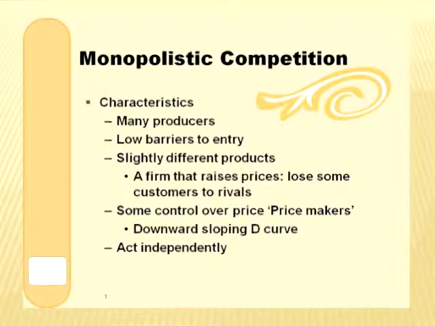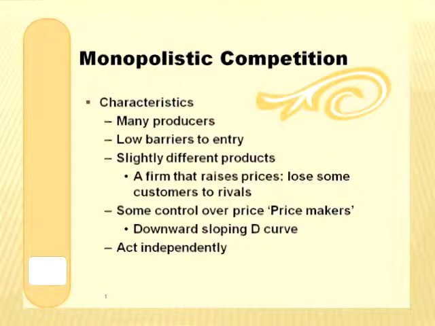However, where things begin to get a little different is that in the case of monopolistic competition, each producer has a slightly different product. They differentiate their product, or try to make it slightly different. To the extent that they're able to differentiate their product, they face a downward sloping demand curve. So unlike the monopolist, they're not completely in charge of their price, but they have more control over their price.